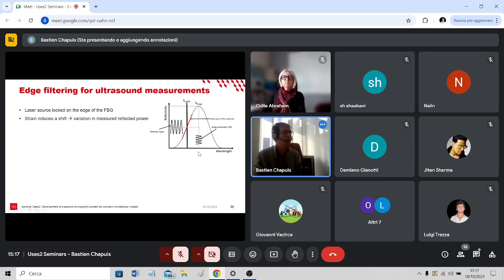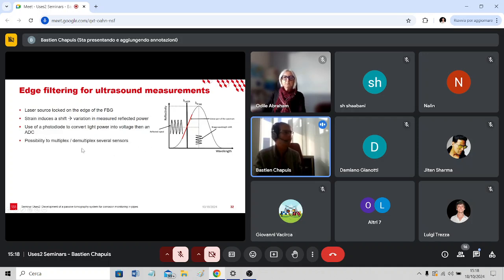I explained that with a measurement of elastic waves, but it's also the case if we have static or very low quasi-static variation of strain. Then we put here a photodiode that converts the reflected light into a voltage, and this voltage is digitized by an analog to digital converter, producing a value that is saved.